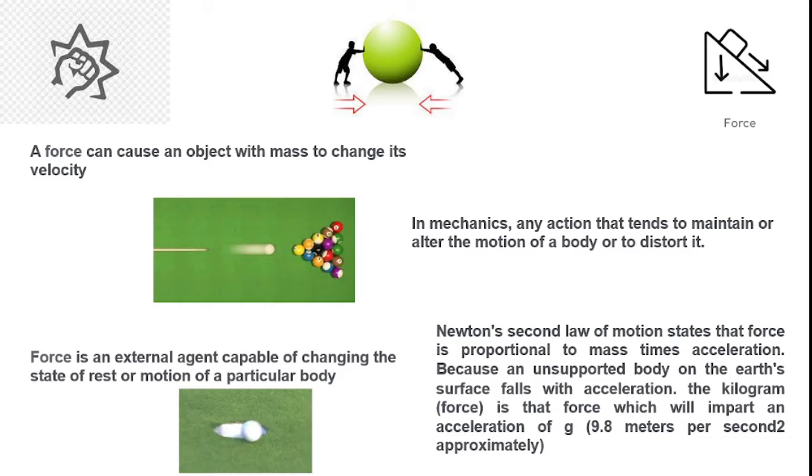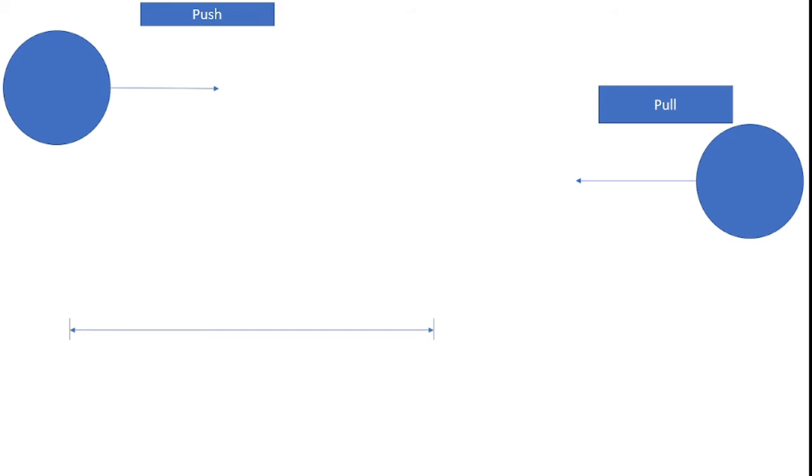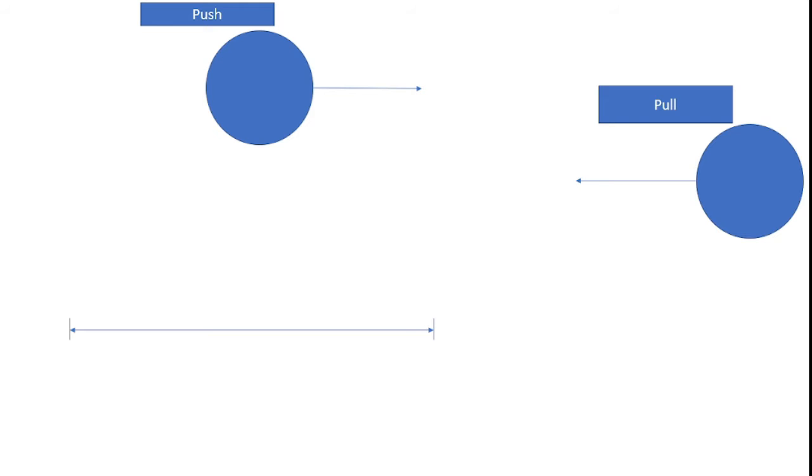Force can be classified into two types, push type and pull type, based on its point of application. Where the blue ball is moved from left hand to right hand, it is called push.